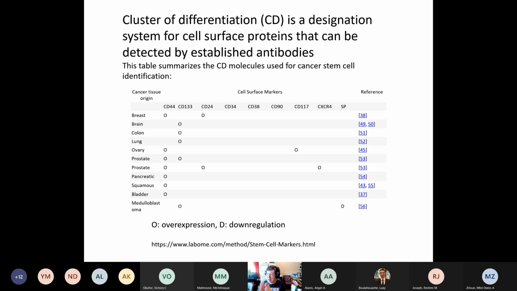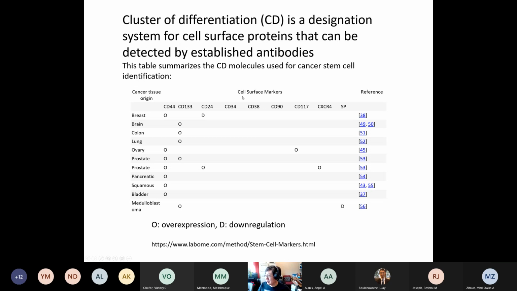So those are the target for the clinicians. They try to capture and target those cells. They want to kill those cells, because killing other cells is not going to be sufficient to completely remove the problem of cancer.